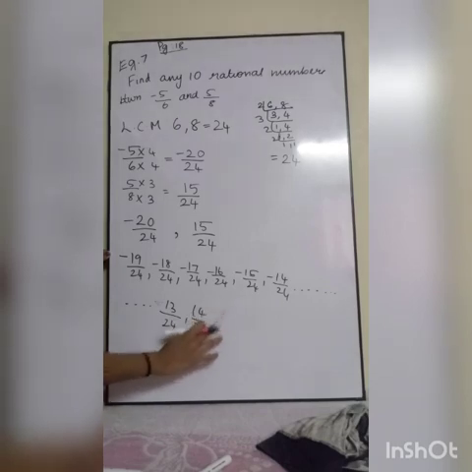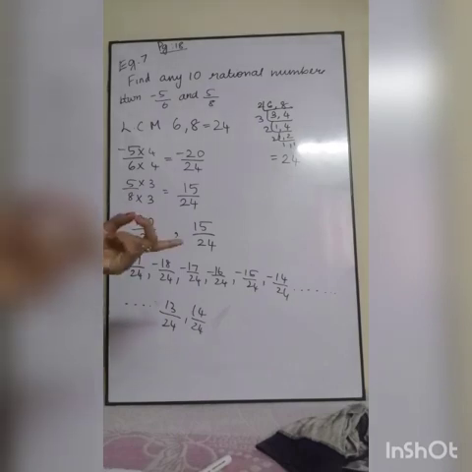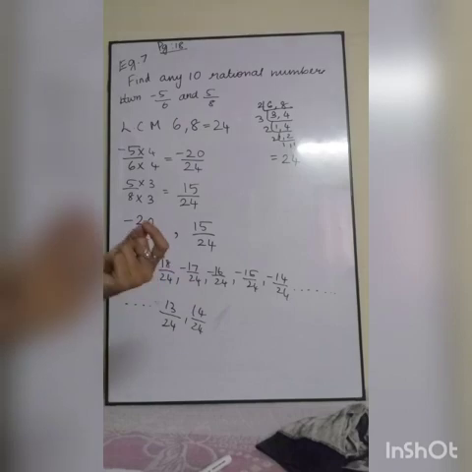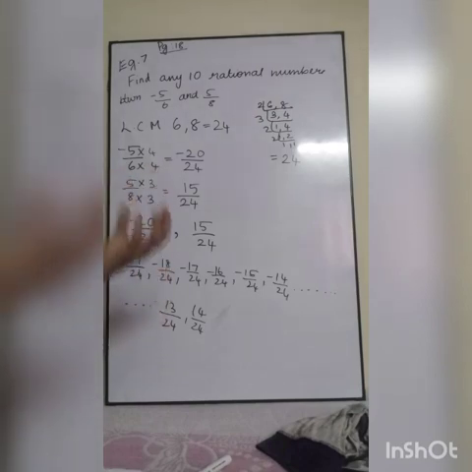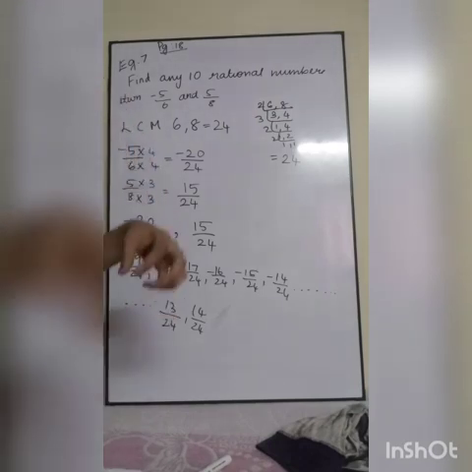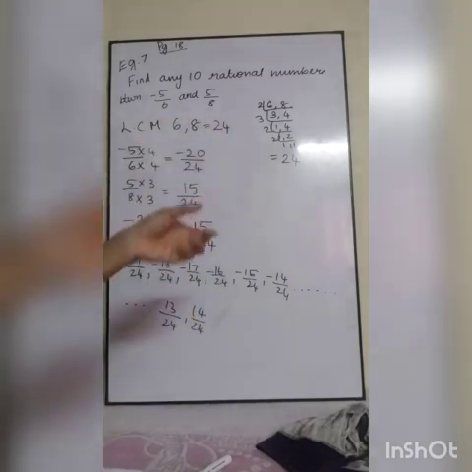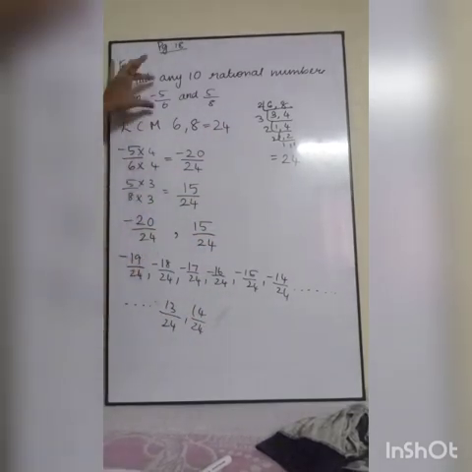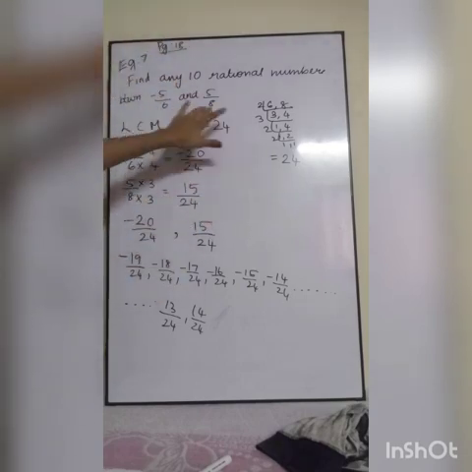That's all. Okay, listen carefully. In the previous problem there were only integers, like minus 1, 2, like that. That was not like fractions. So I made both into fractions with the same denominator and found a few numbers between these two. But here there are two fractions with different denominators.